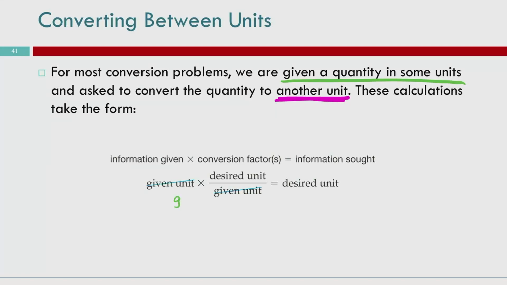This would be like the milliliters times grams per milliliter that we did earlier. I just switched the order. 1 milliliter on top, 1 milliliter on bottom. Those units cancel, and we would get the grams that we want, for example.